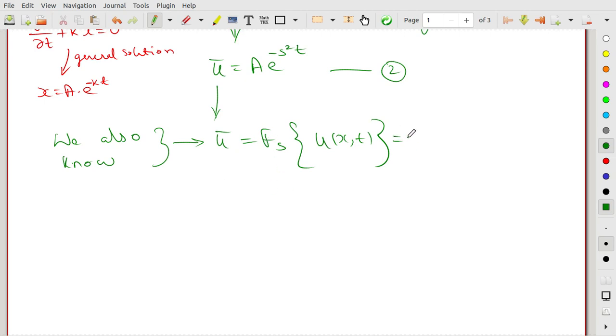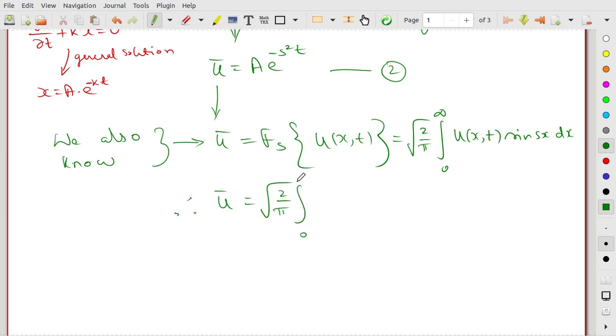It is nothing but root 2 by pi integral 0 to infinity u of x comma t sine sx dx. Therefore our u bar is root 2 by pi integral 0 to infinity u of x comma t sine sx dx.